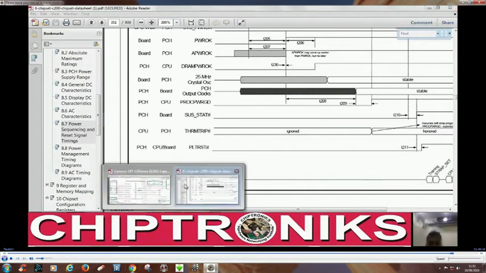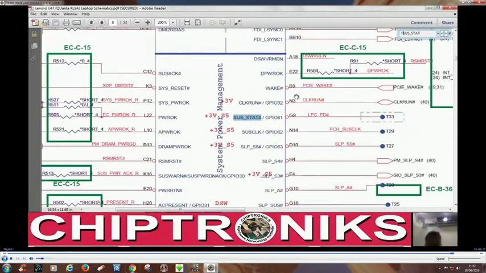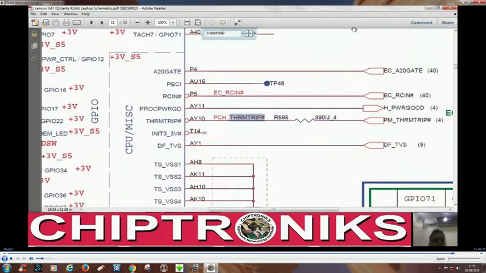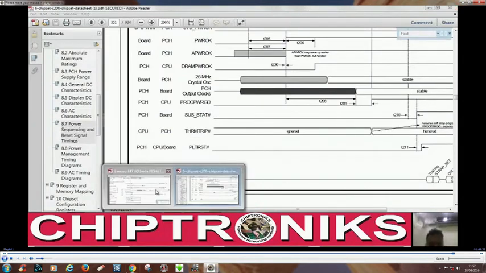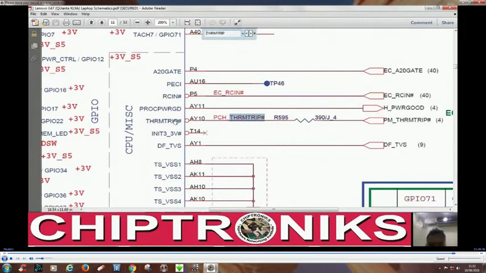You can see over here THRM TRIP, and you can see thermal trip. The CPU is generating thermal trip. Here you can see PCH is generating PM_THRMTRIP.